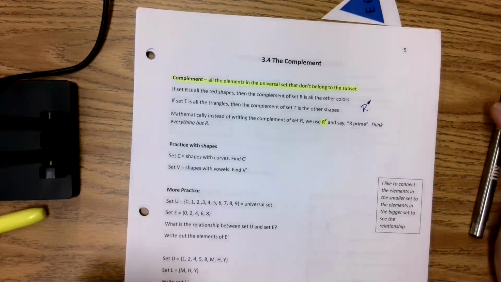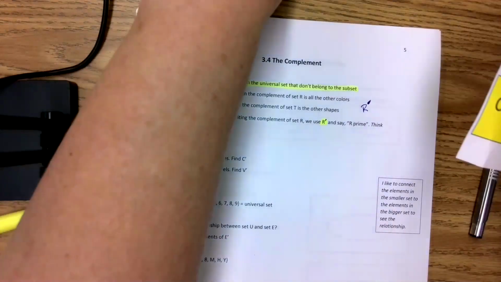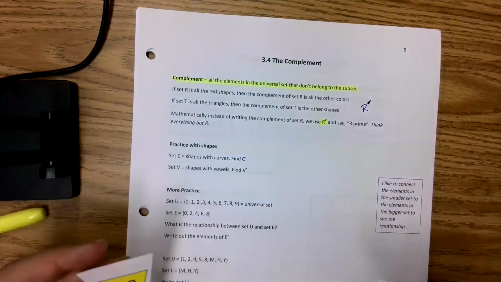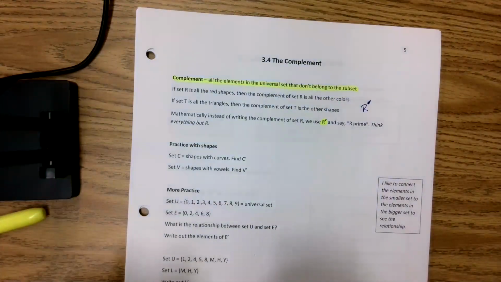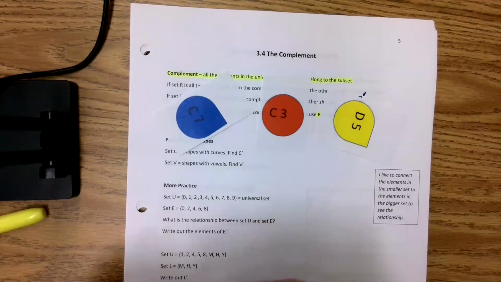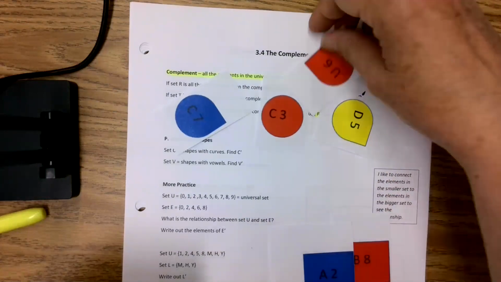So with our shapes, it says, get your shapes out. Okay, so set C is all the ones with curves. So pull out anything that's got a curve on it. Nope. Nope. That's curvy.